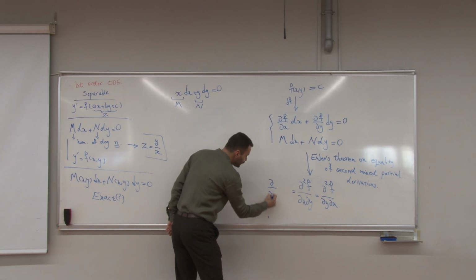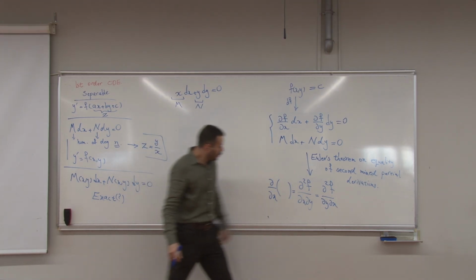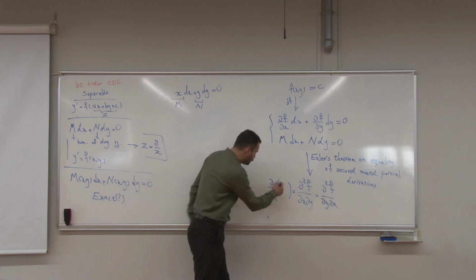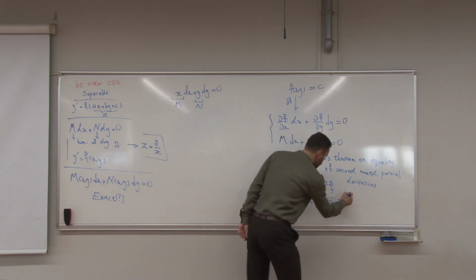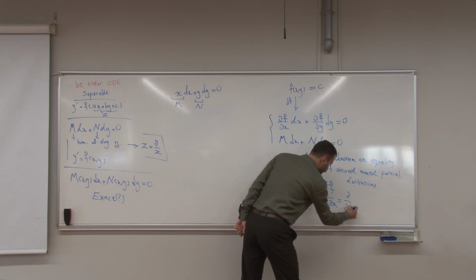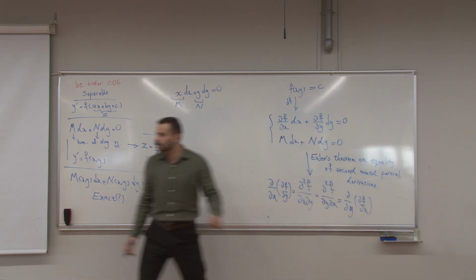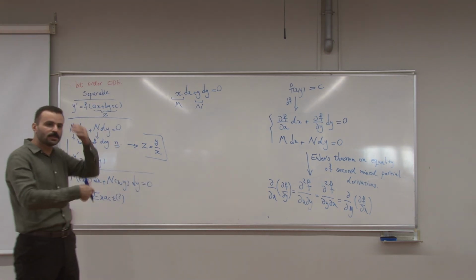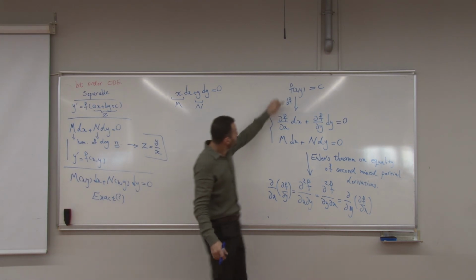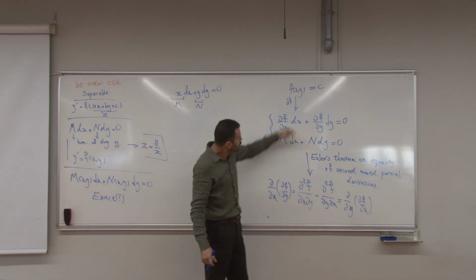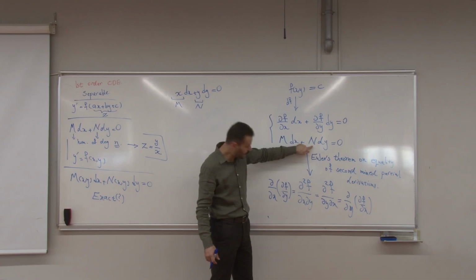I can write this as what? Again, round of f over round of y, right? And this is round over round y of round of f over round of x. Isn't it like this? We are just taking the second order partial derivatives. But look at that. What was our assumption here? We said that round of f over round of y must be equal to N, right?